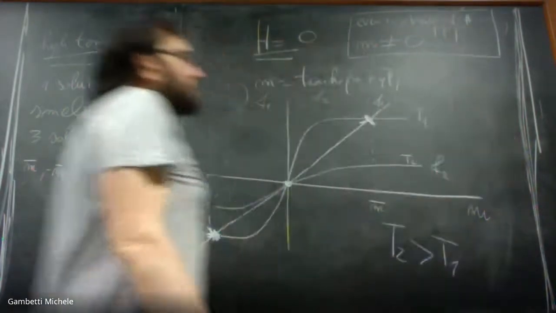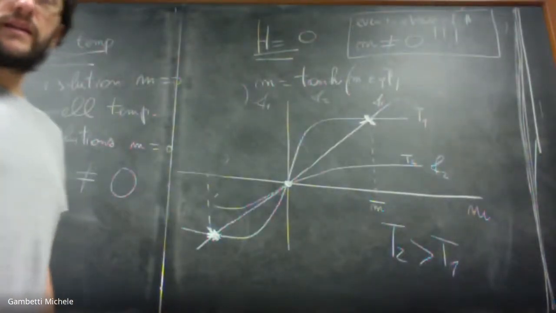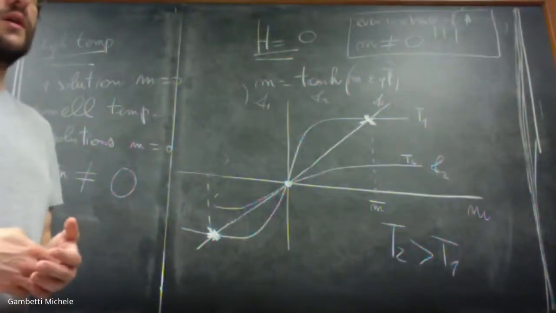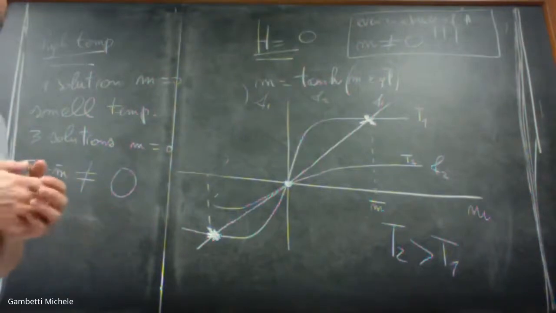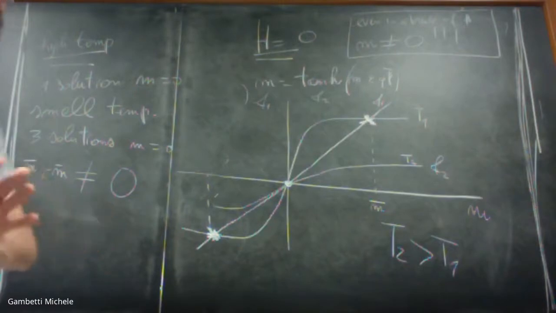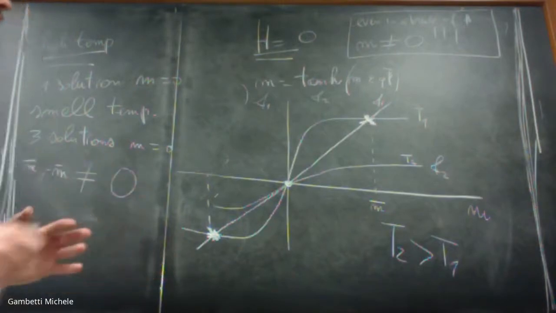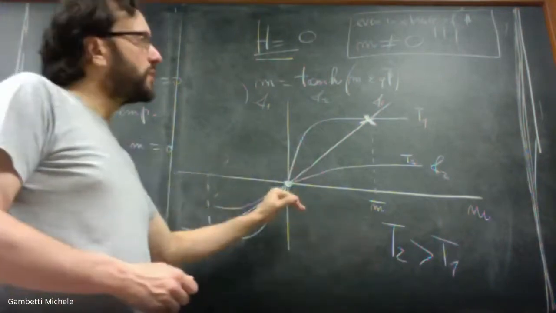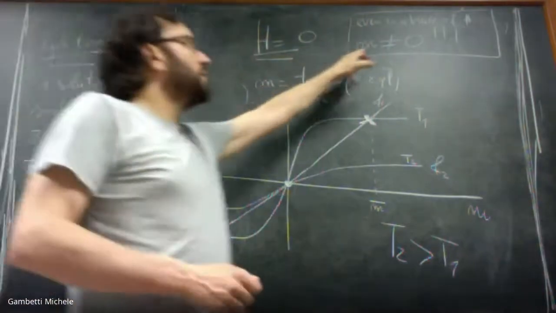Of course, this is a different behavior with respect to the paramagnetic case, which is the case that we analyzed in the one-dimensional Ising model. That was a situation of paramagnetism, in which if the external field is 0, also the magnetization is 0. This is the case for large temperature, whereas for small temperature, I could have values of m different from 0.